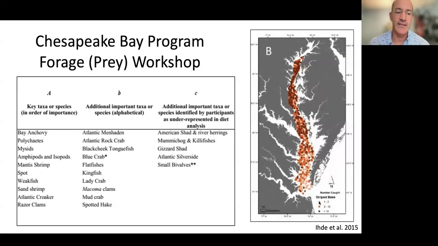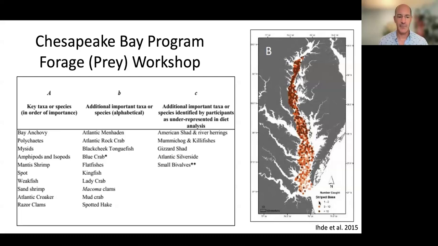And this is a broader Chesapeake Bay management question than the dam removal question that I'll get back to in a little bit. For this, we work with the Chesapeake Bay Program and scientists from around the bay, trying to identify what the prey items are that are most important for some of our key fish species like striped bass, but also other species that live in Chesapeake Bay.